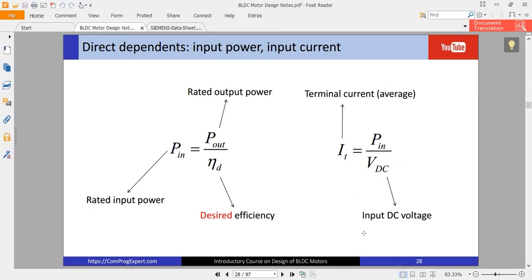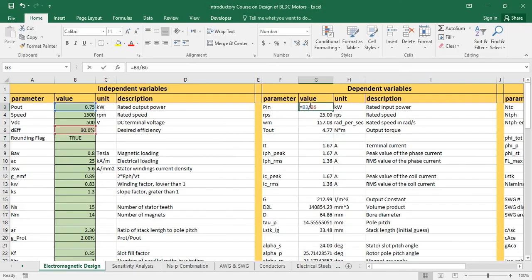Okay, now let's calculate the input power and the terminal current. The input power is equal to output power divided by desired efficiency. Okay, I considered the desired efficiency equal to 90%. So the input power is equal to output power divided by 0.9 and is equal to 0.83.